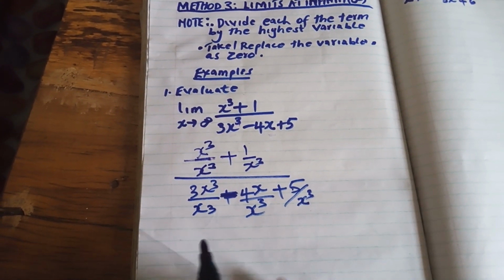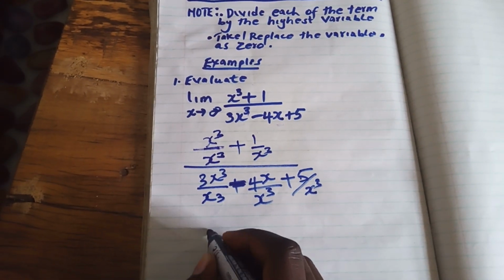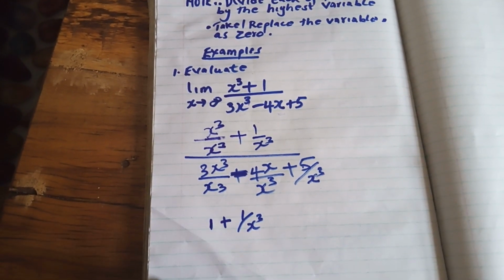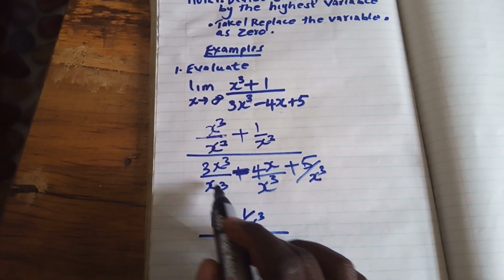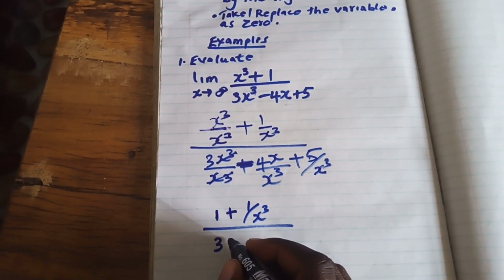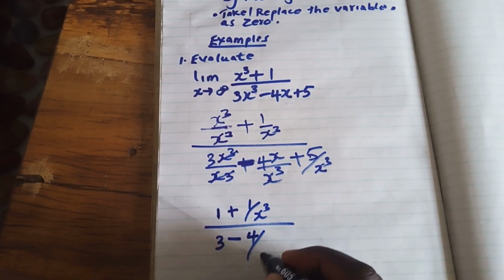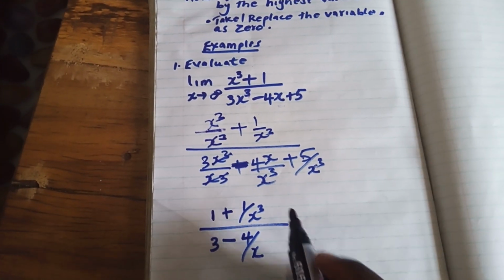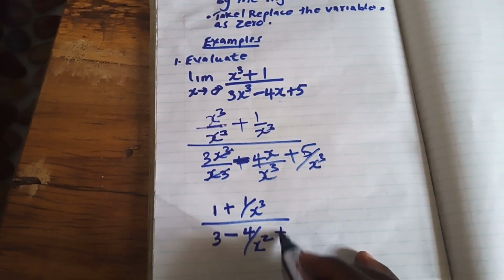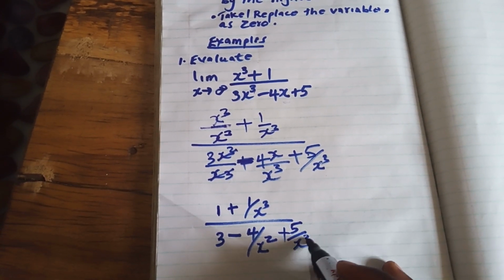Then we continue. This will give us 1 plus 1 out of x cubed, all over, this is going to cancel this one, we remain with 3 minus. This one will cancel, remaining 4 out of x squared. Then plus 5 out of x cubed.